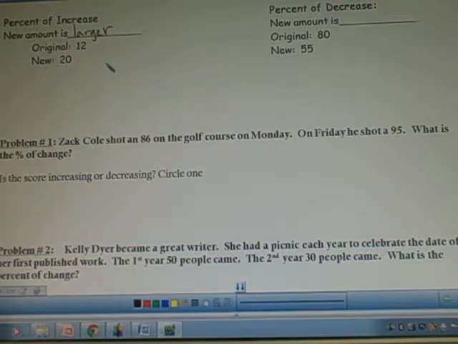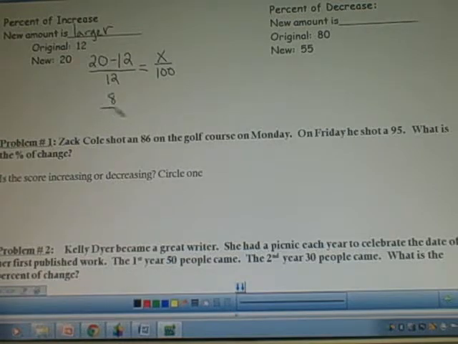Now, to figure out our percent of increase, we take the new amount, which is 20, minus the original amount, which is 12, all over the original amount, which is 12. Since we're finding the percent, we don't know what it is, so we use a variable over 100. As you can see, it's simply a little more involved version of is over of equals the percent over 100. Now what I need to do first is subtract 20 and 12.